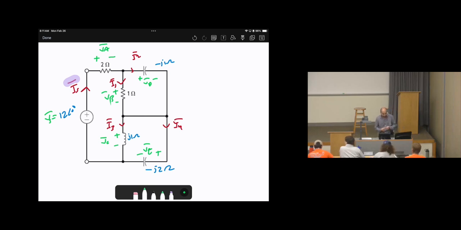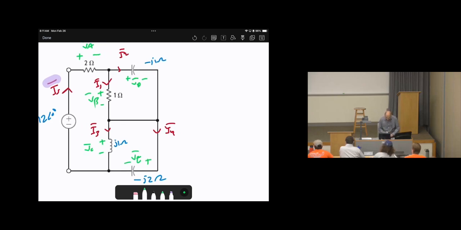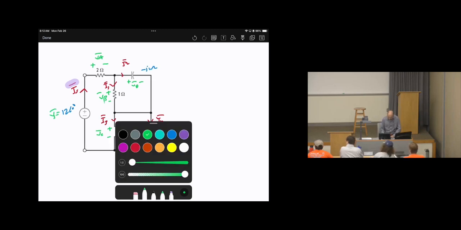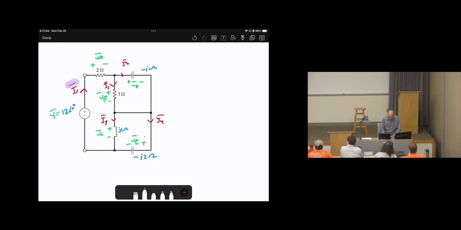So basically, let's calculate the Z equivalent. The first simplification that we can make: VC and VE, or negative j2 and j1, are those series or parallel? What do you think? Parallel. If you are unsure, label the nodes, as we used to do before.